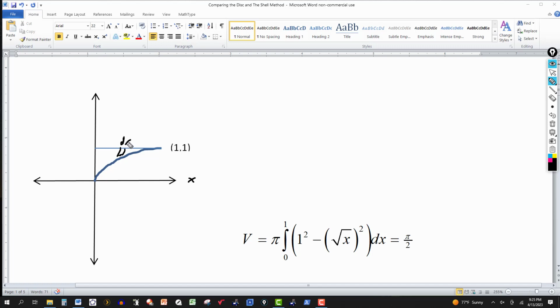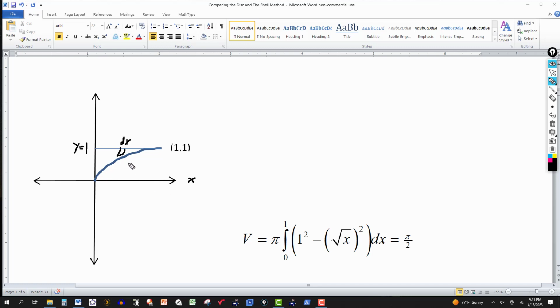That gives me the variable of integration, which of course is x. And then we have a radius going from the axis of revolution all the way up here. That's 1, from the x-axis to this point, because this is the equation y equals 1.